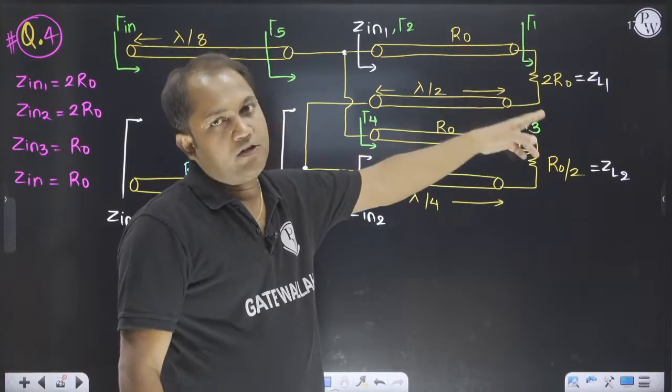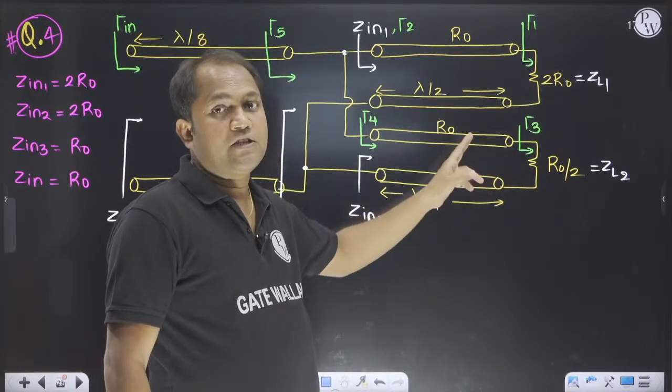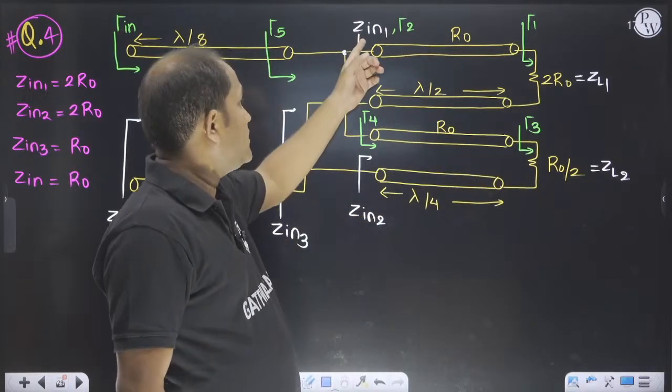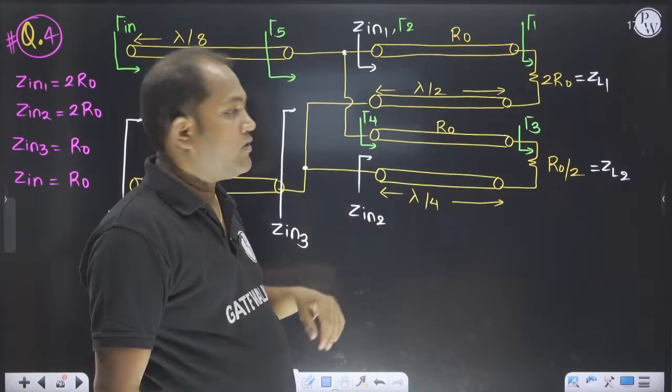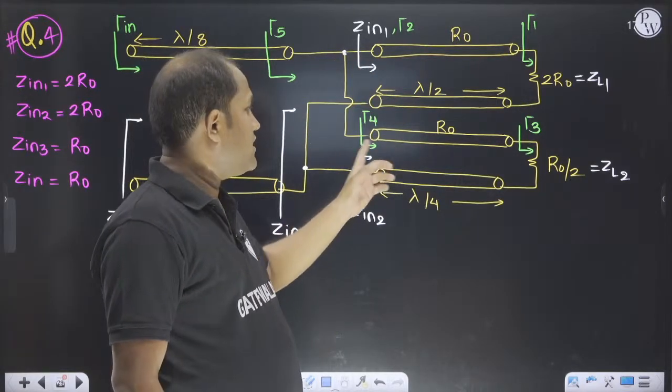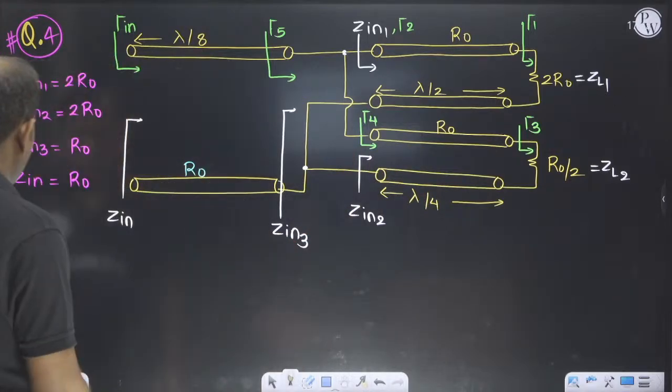The formula is ZL minus Z0 divided by ZL plus Z0. And for gamma 2, it is Z in 1 minus Z0 divided by Z in 1 plus Z0, and Z in 2 minus Z0 divided by Z in 2 plus Z0. So the formula is more important here.